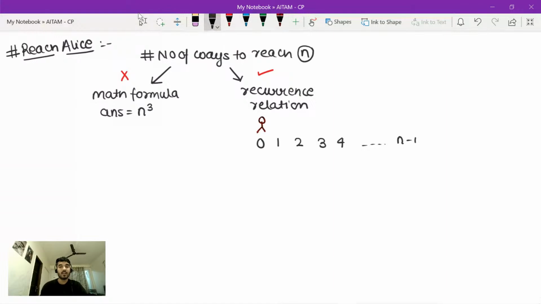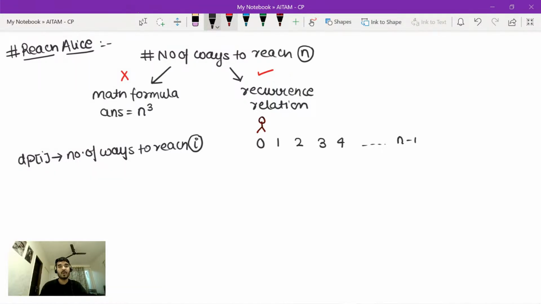Let's define our states for our recurrence relation. Let's say dp[i] will simply store the number of ways to reach i from 0.